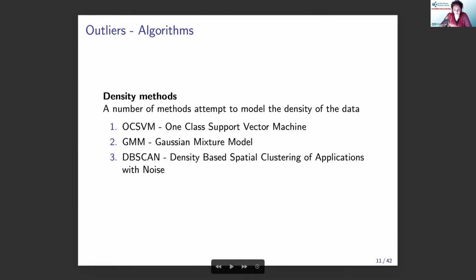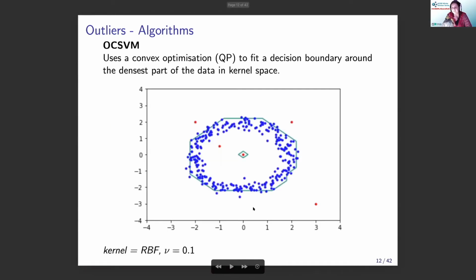This is very much based on the original support vector machine, only it has one class. And it fits a decision boundary around the densest part of the data in a kernel space. In this particular case, the kernel is a radial basis function, and nu is a parameter used to dictate the number of outliers that we are expecting.